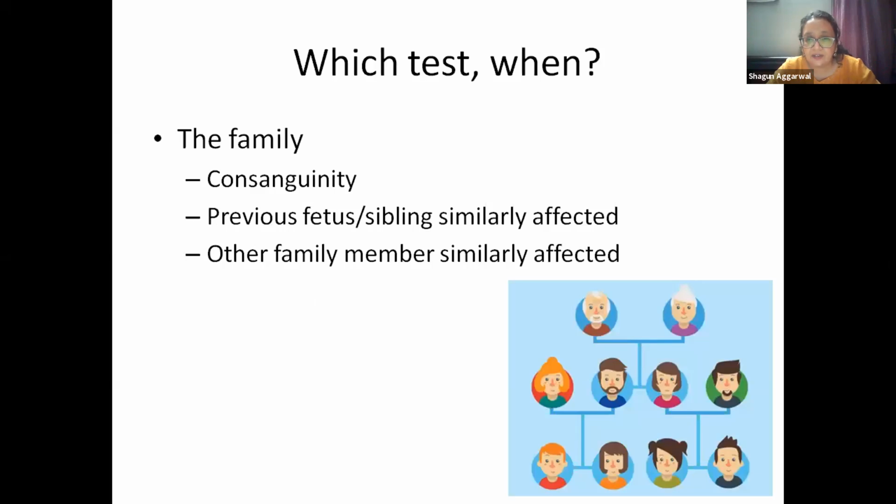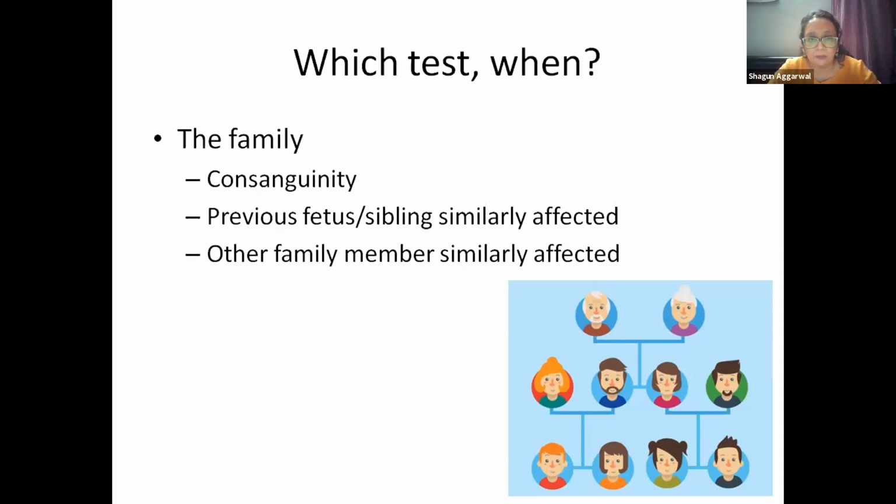And then finally, the family. This is really important. If you have consanguinity, your suspicion of a single gene disorder should be high, because consanguinity increases the risk of autosomal recessive conditions. So if you have a malformation on scan and the family is consanguineous, it is more likely to be an autosomal recessive condition rather than a chromosomal abnormality.